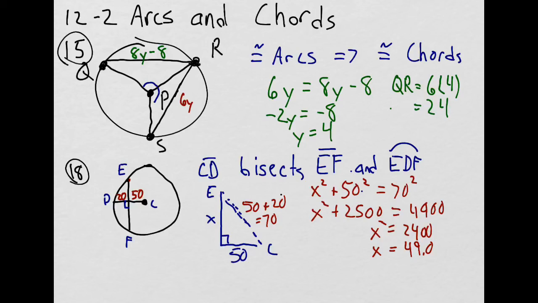So I know EF is going to equal 2x, which is going to be approximately 98. Okay? And that's all it is, really. It's just a little confusing to set it up, but once you know what to do, it's a pretty straightforward Pythagorean theorem problem.